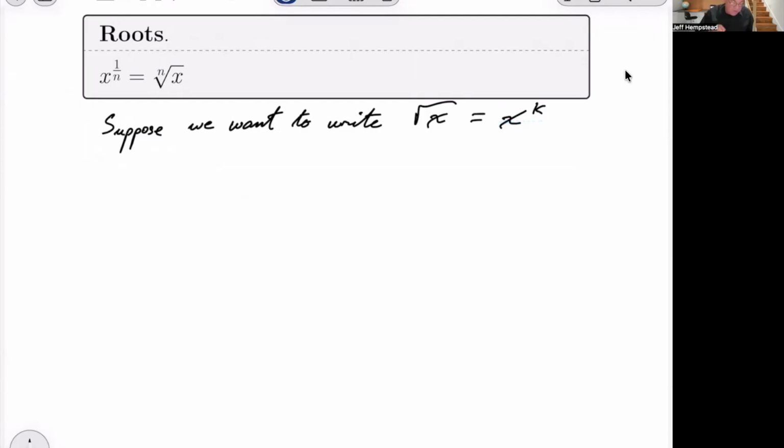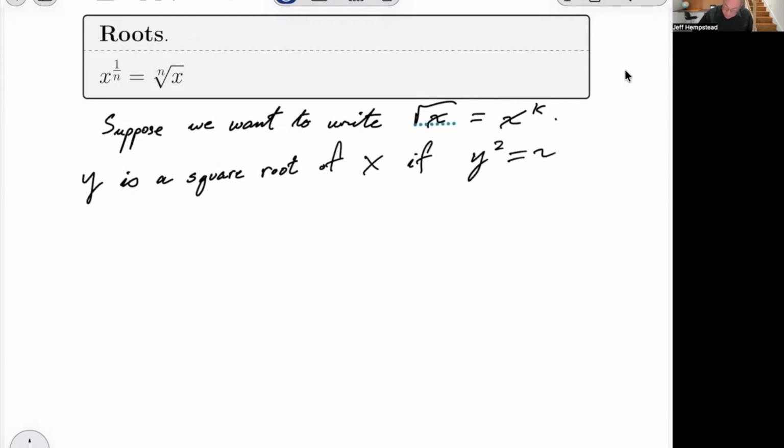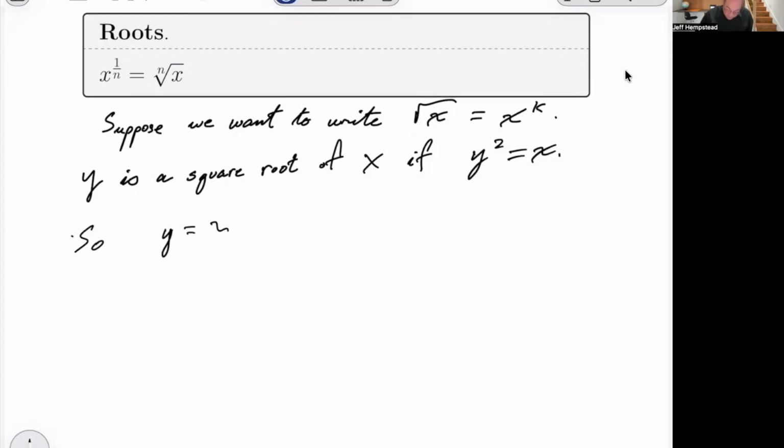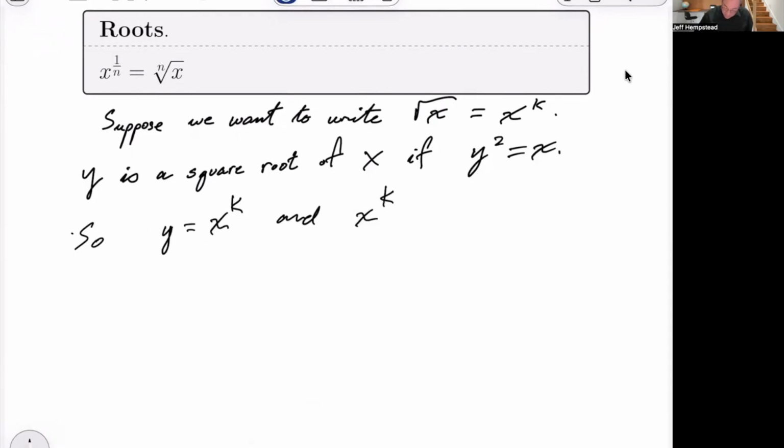From our definition of square root, we know that y is a square root of x if y squared is equal to x. That was our definition of square root. So we want to write y is equal to x to some power. We want to show that as the square root of x, and that the square root of x squared is equal to x.